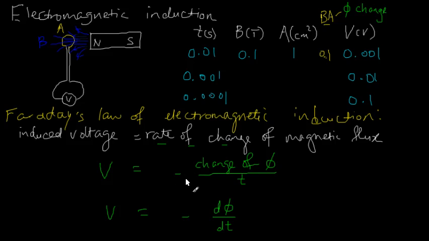One of them is the minus sign there. Maybe we can think of the minus sign as the subject of another law called Lenz's law that I'll come on to later. For now, there are two other details in this law that I should mention.